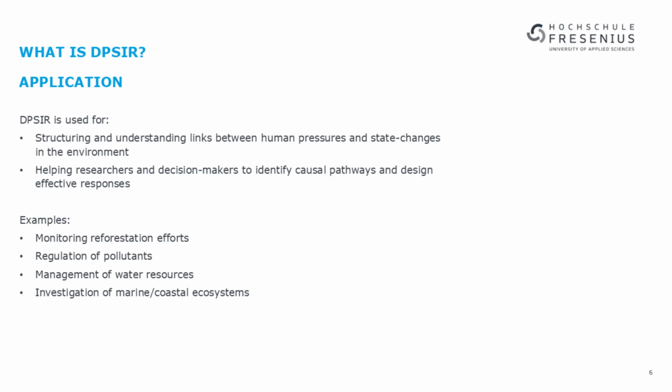Application examples could be the monitoring of reforestation efforts or the regulation of pollutants like PFAS. It can also be used to improve the management of water resources or the investigation of marine and coastal ecosystems. Because there is such a variety of topics, we will focus on the investigation of marine and coastal ecosystems.